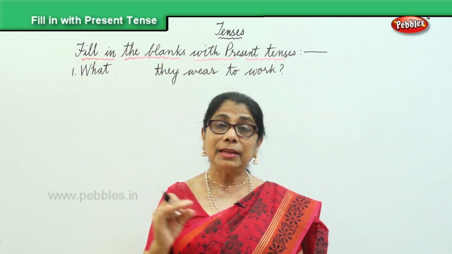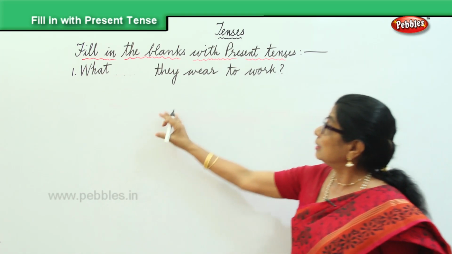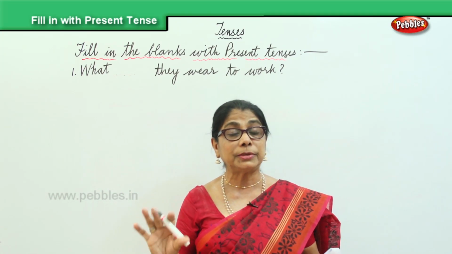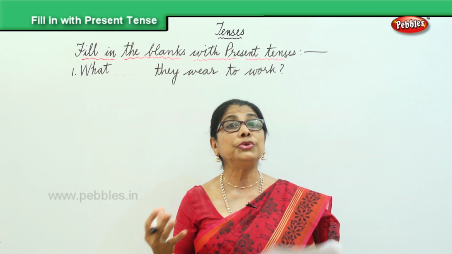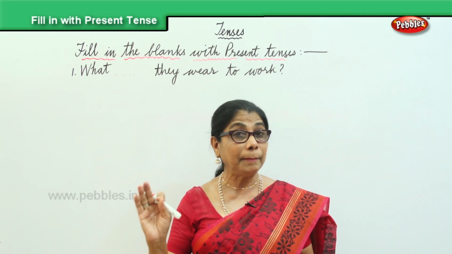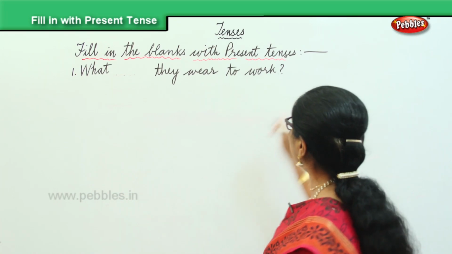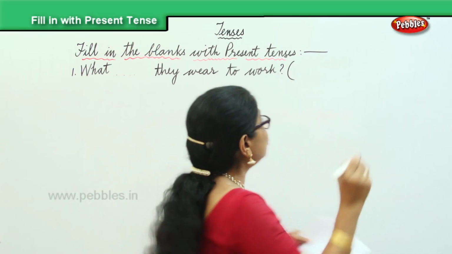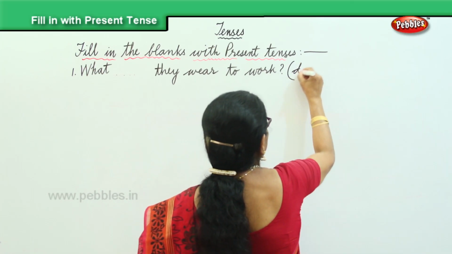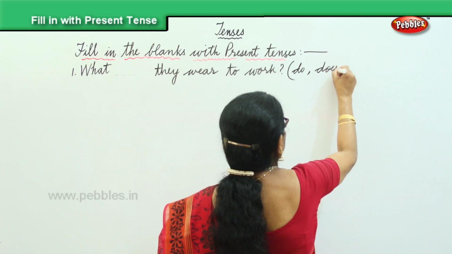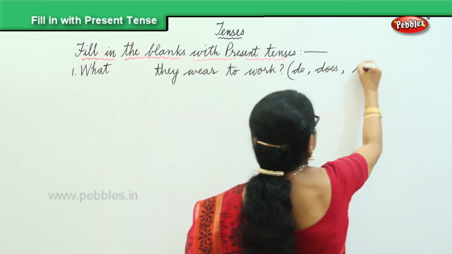In one sentence, I'll give you 3 different kinds of verbs to help you. You can pick any and fill in with the correct present tense. Okay. Now here they are. First one is, you can choose do, does, or has.